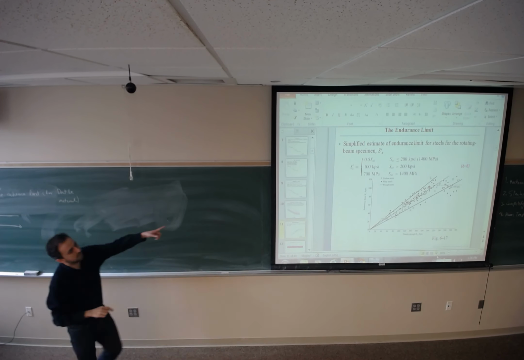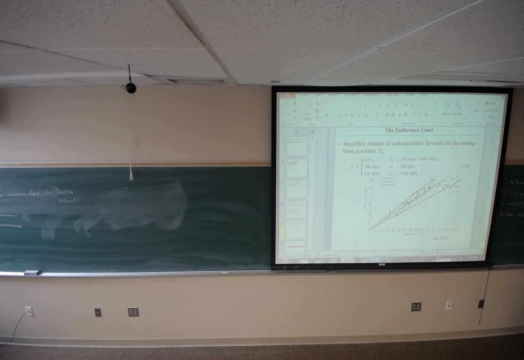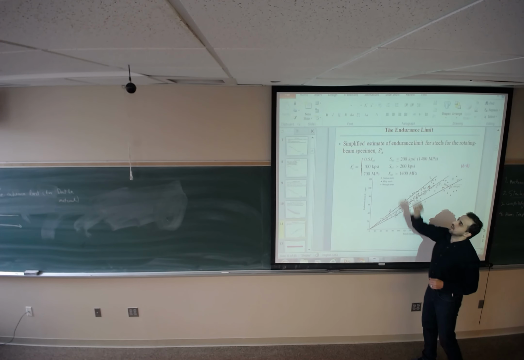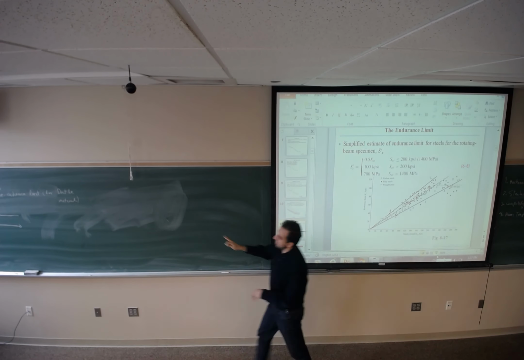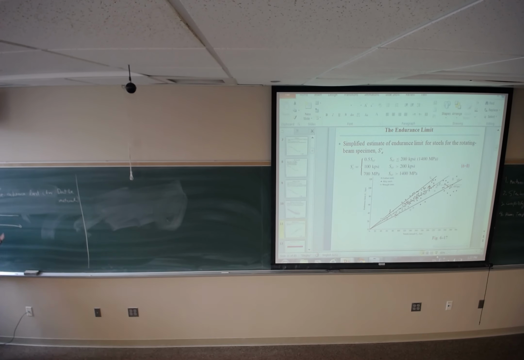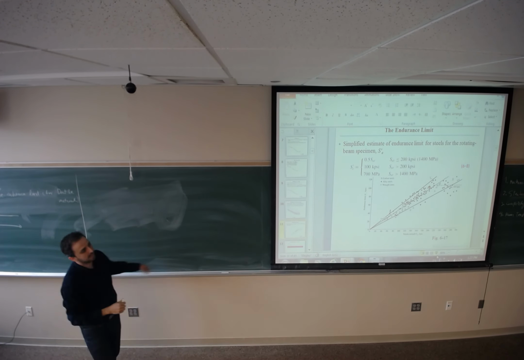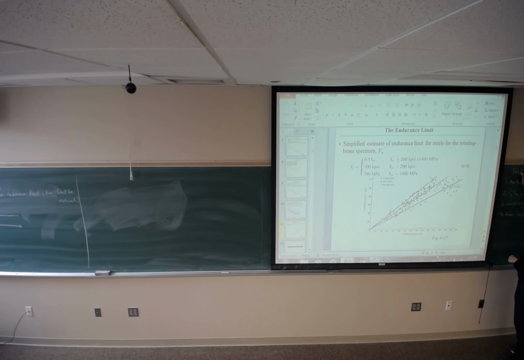The S prime e, based on the experimental data that we had, can be calculated by equation 6.8. So we can find S prime e. But now, if we have a new mechanical component, which is going to be different than the test specimen, then S prime e should be modified.